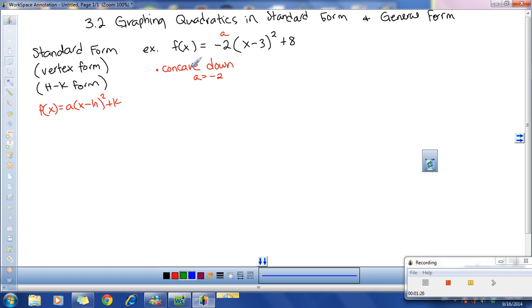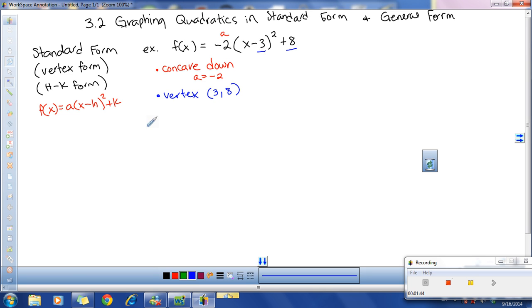Okay, what else can I tell from my equation without doing anything to it? I can tell the vertex. The vertex is the opposite of h and k. Opposite of h, 3, and k, 8. So my vertex is 3, 8. Okay?